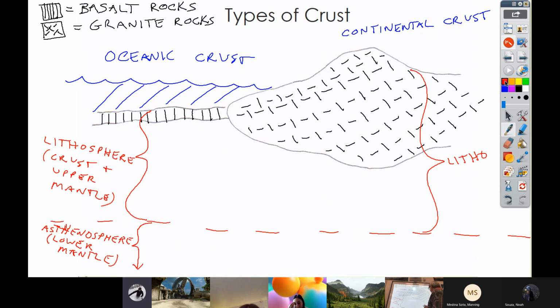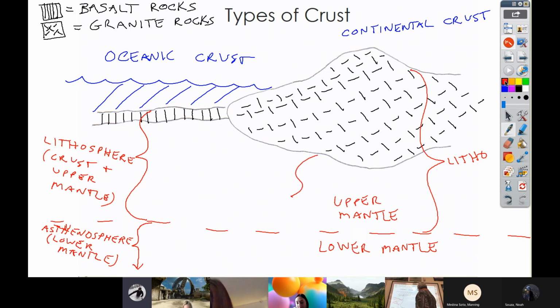So that means that this is the upper mantle above the dotted line. Below the dotted line is the lower mantle. Now, if you put those two together, we should end up with the mantle.